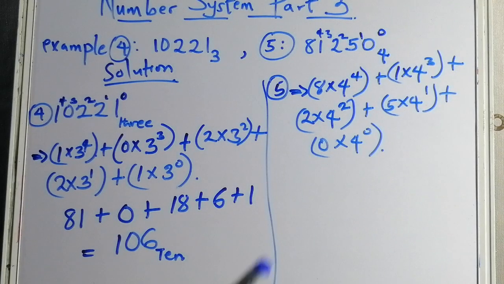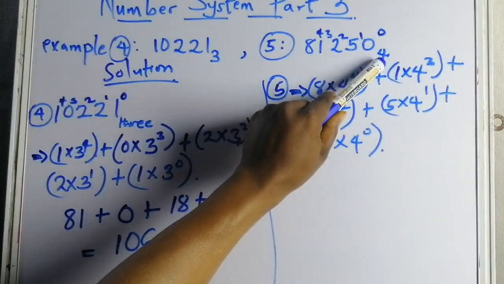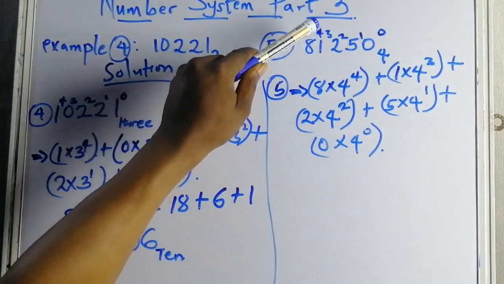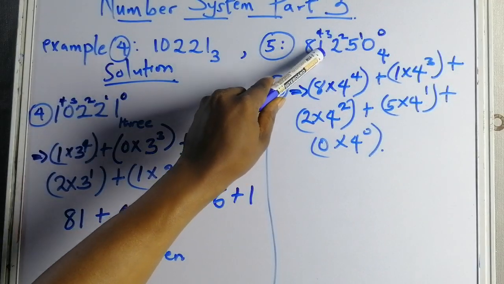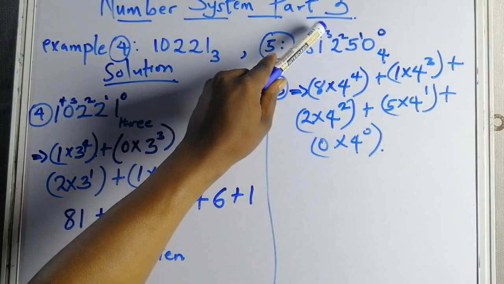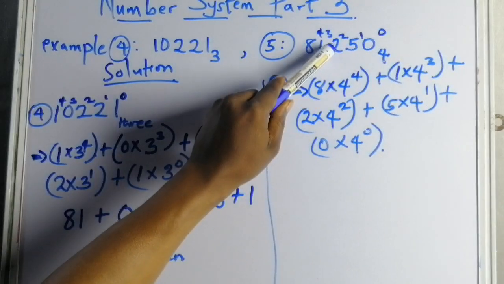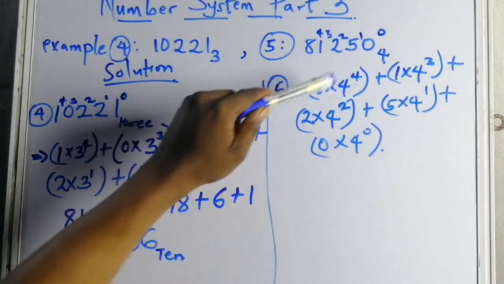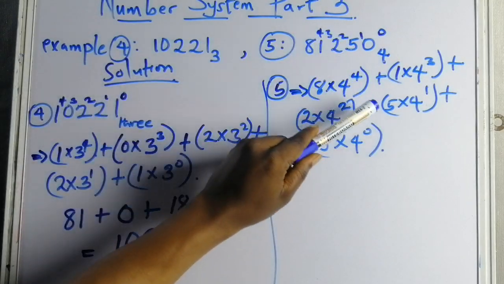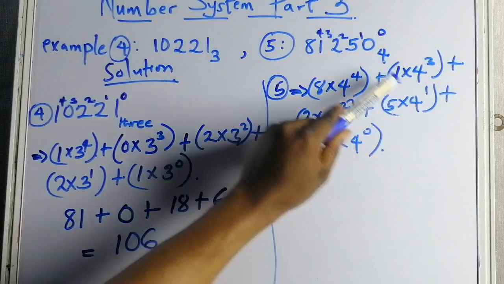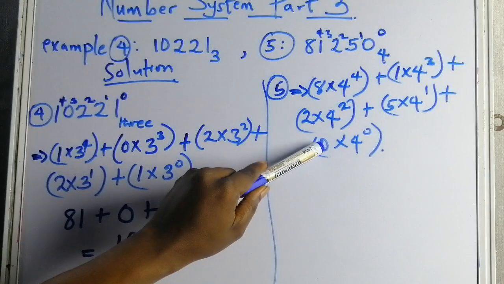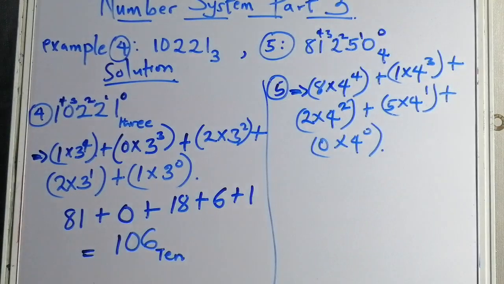So that is that. It's very simple. 8 times 4 raised to power 4. Okay. 1 times 4 raised to power 3. 2 times 4 raised to power 2. 5 times 4 raised to power 1. 0 times 4 raised to power 0.